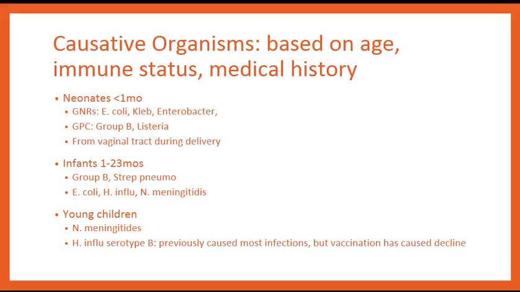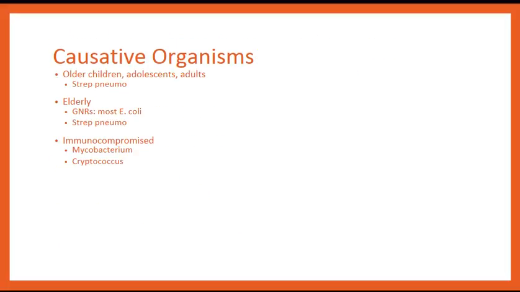Haemophilus influenzae serotype B used to be the most common cause of meningitis in children, but since the Hib vaccine has been given out, that has declined. I'm not sure if meningitidis or influenzae is the number one now, but the infections from serotype B have greatly decreased from the administration of that vaccine to kids.